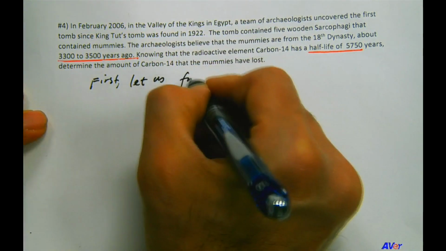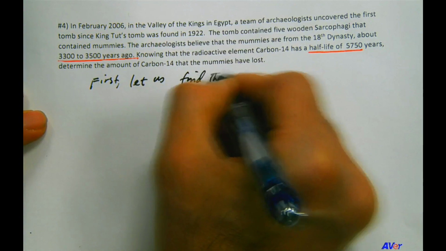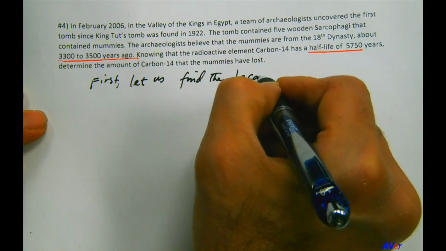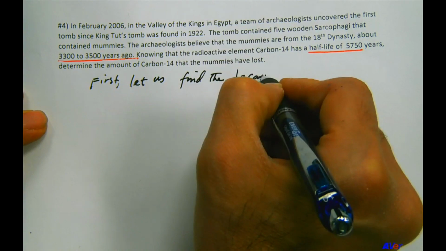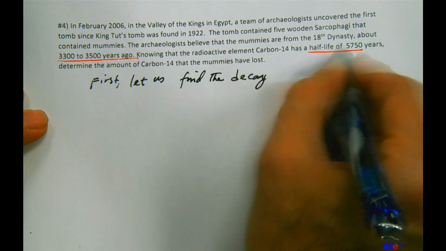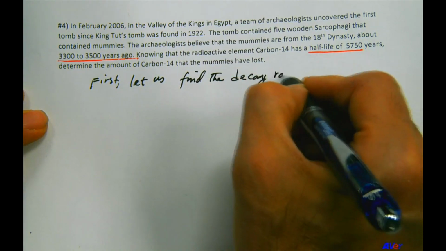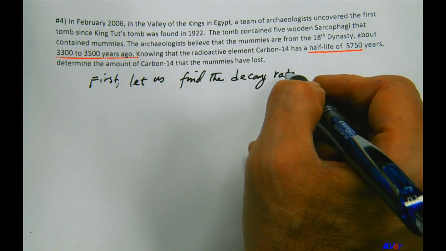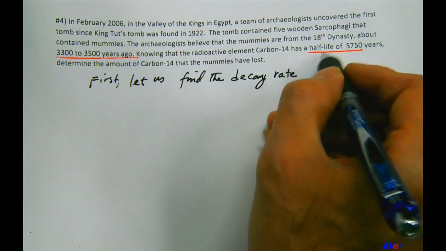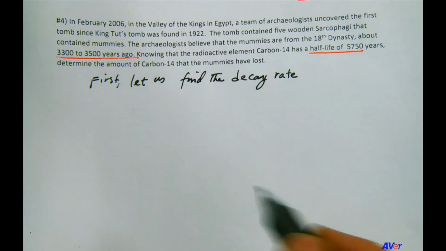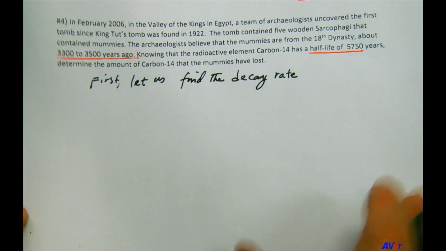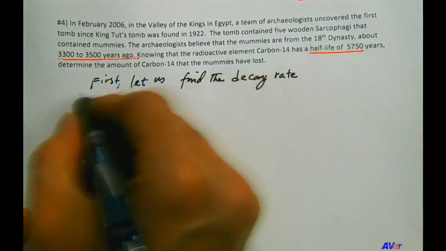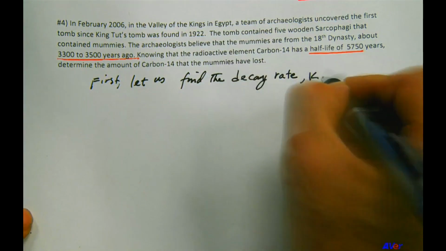I say decay or declining rate because it's a half-life, right? Doubling time would suggest a growth in quantity. But half-life suggests a decay rate or declining trend in the quantity. So let's find the decay rate K first, okay?